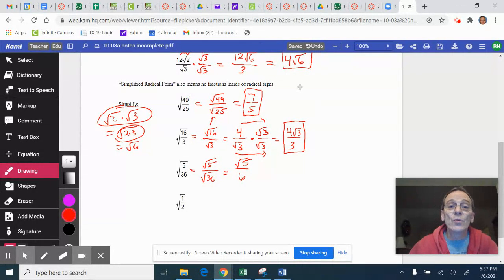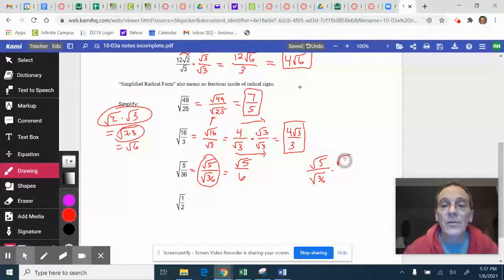If you look at this and you don't realize that square root of 36 is 6, probably what you're going to do is say, oh, now I need to multiply this by the square root of 36 over the square root of 36. And you're going to turn what is a pretty easy problem to simplify into a much harder problem. Okay, I mean, this wouldn't be wrong, but good luck to you simplifying your work after taking that step.